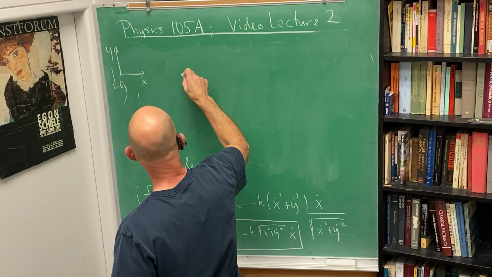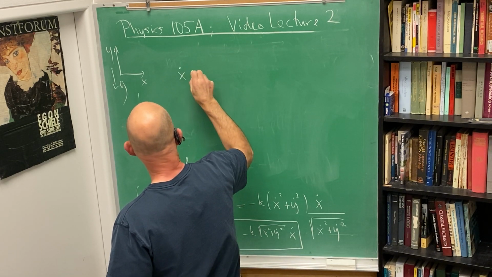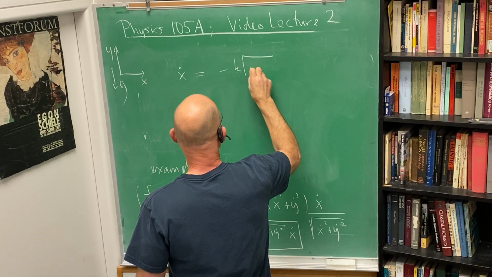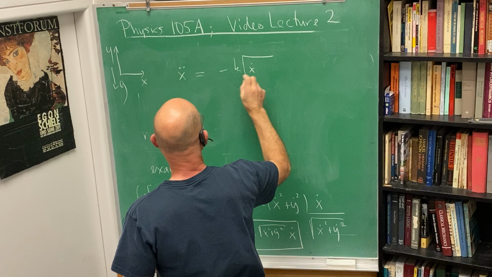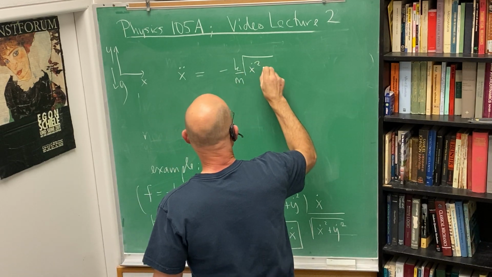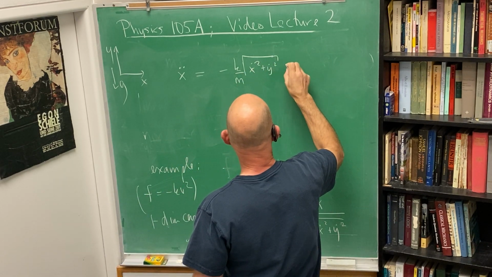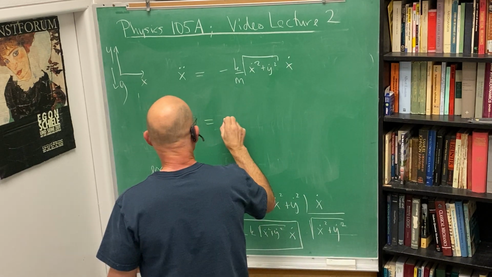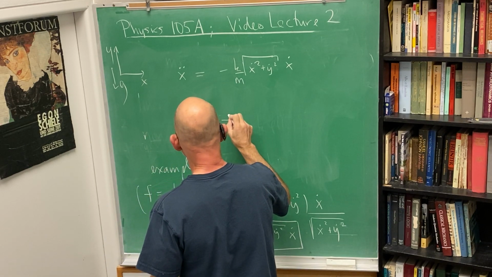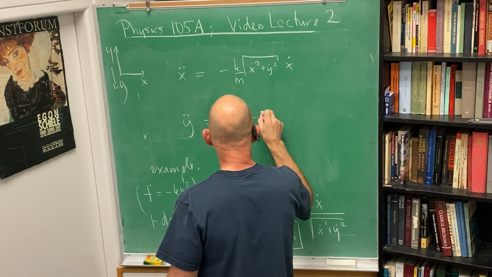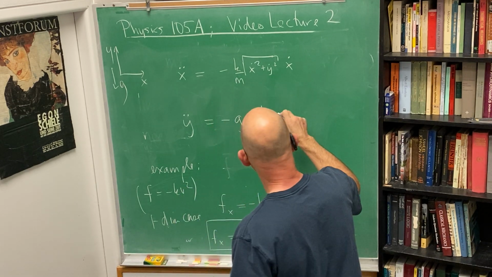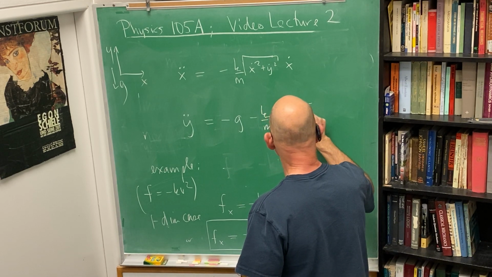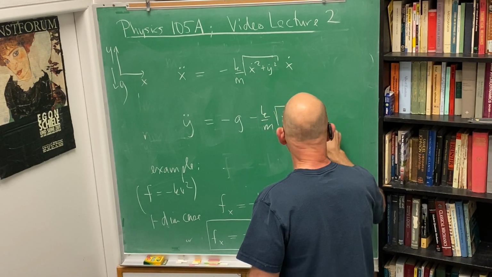We would end up with x double dot equals minus k over m times the root of x dot squared plus y dot squared, times x dot, and y double dot equals minus g minus k over m times the root of x dot squared plus y dot squared, times y dot.